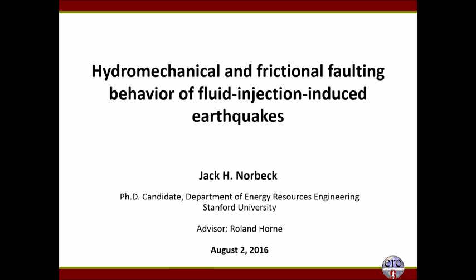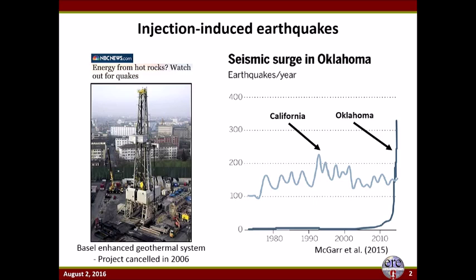Now, of course, induced seismicity is not a new phenomenon. There have been well-documented cases in the scientific literature throughout the last 3 or 4 decades at least. One of the most famous examples of induced seismicity occurred in 2006 in the town of Basel, Switzerland, when a geothermal energy project was canceled after a magnitude 3.6 earthquake was triggered during hydraulic stimulation treatment at the site.